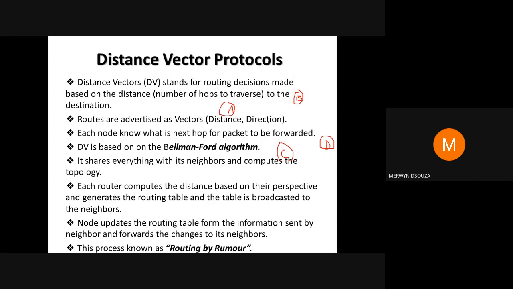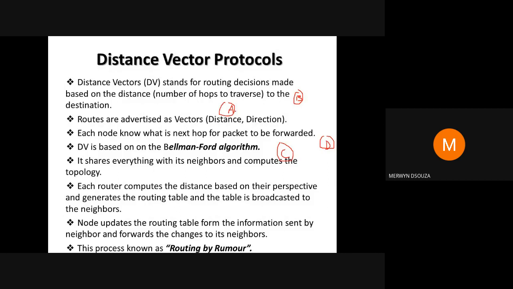A would obtain these parameters, distance and direction, from its neighbors. In distance vector, nodes can communicate only with their direct neighbors. They cannot communicate with nodes that are not their neighbors.